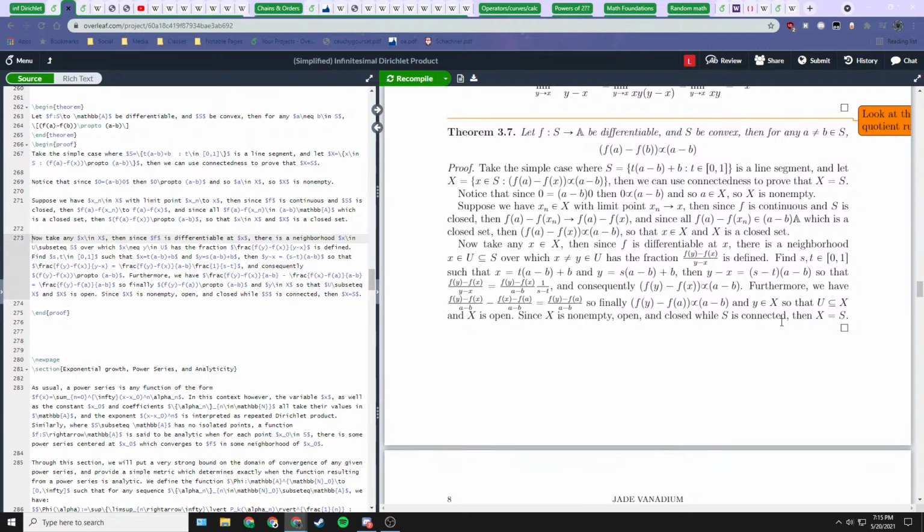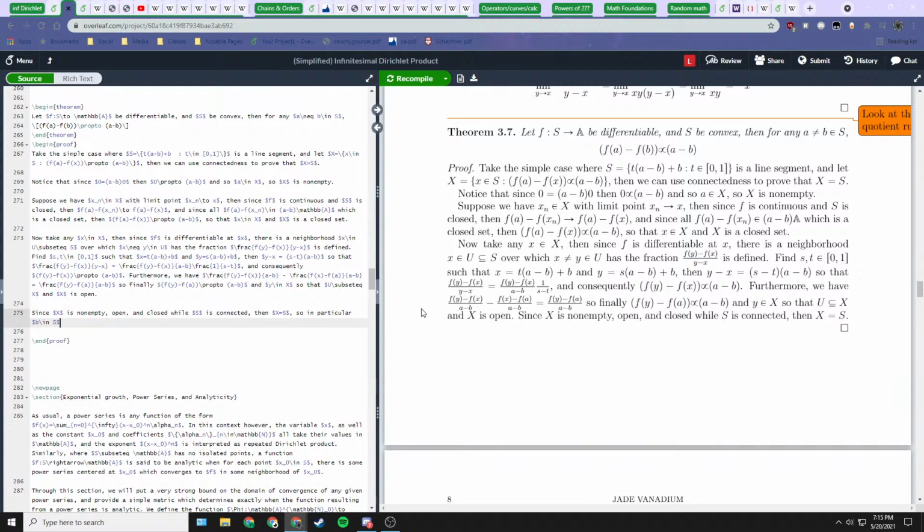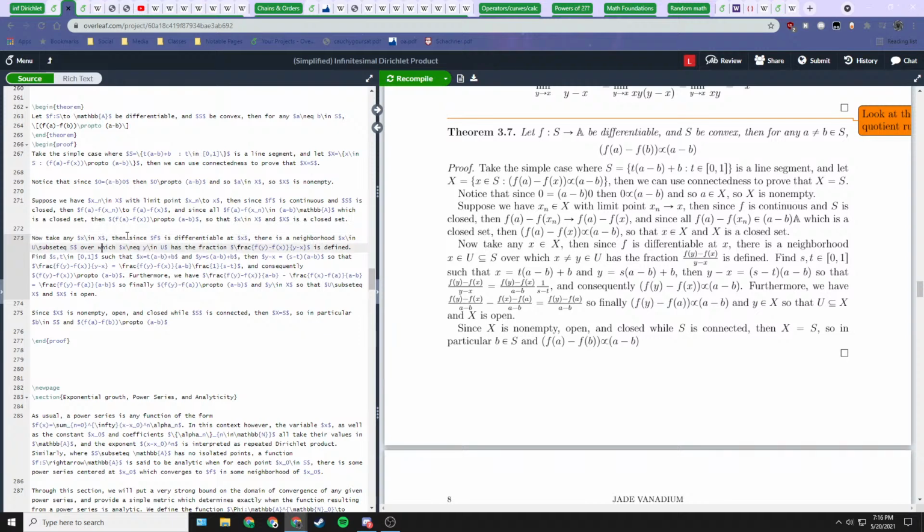Now actually, we're done. X equals S. So in particular, B is in S, and we have f of B minus f of A is proportional to A minus B. We'll flip these around. Let me make sure I've got all these.